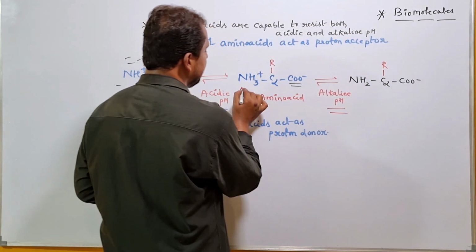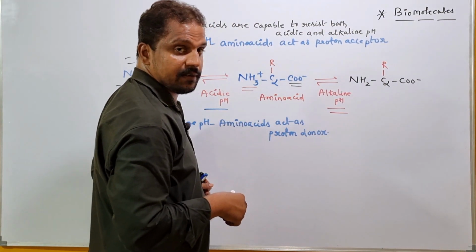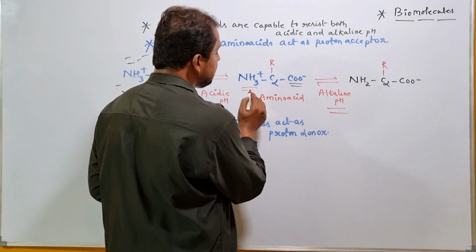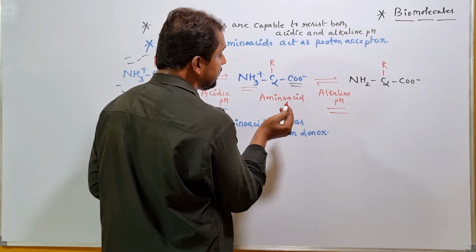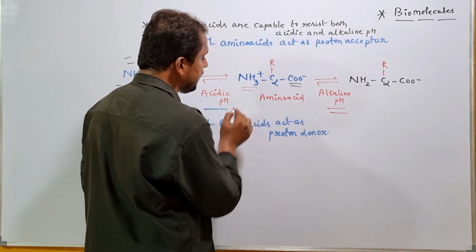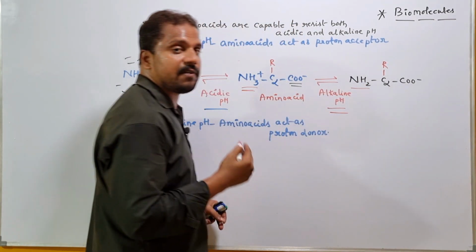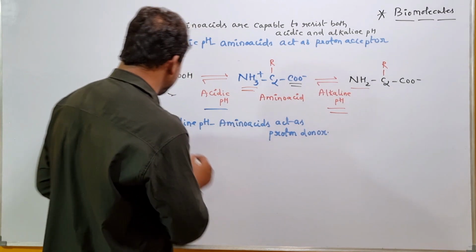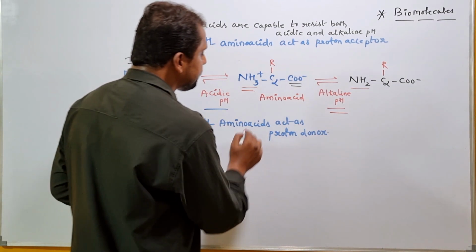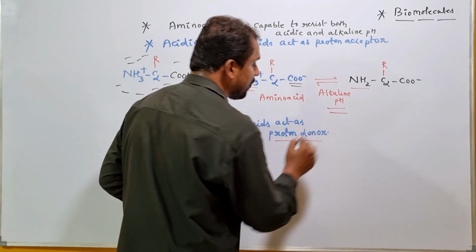Initially it is NH3 plus, but in the presence of alkaline pH, the specific amino acid donates one specific proton. So NH3 plus successfully modifies into NH2 in the presence of alkaline pH. That is why, in the presence of alkaline pH, the specific amino acids act as proton donor.